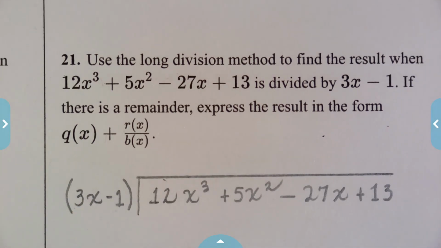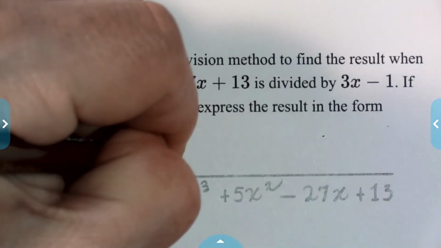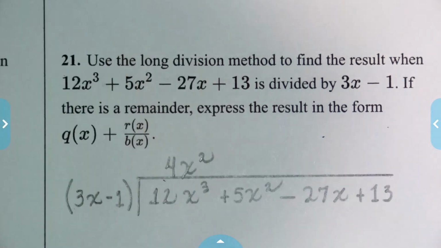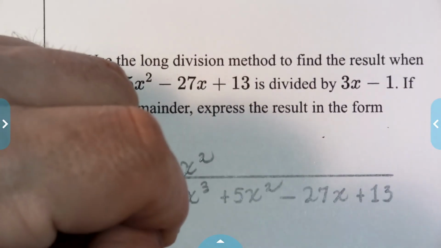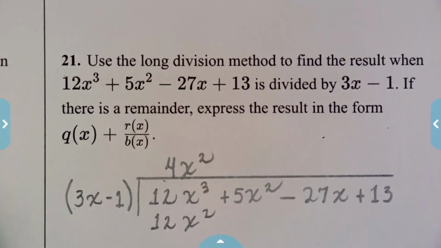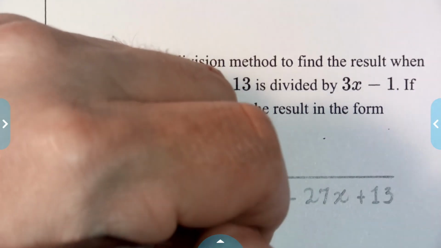How about 4x squared? That'll give me 12x cubed. Perfect. Now be careful here. 4x squared times negative 1. So that's going to be minus 4x squared.